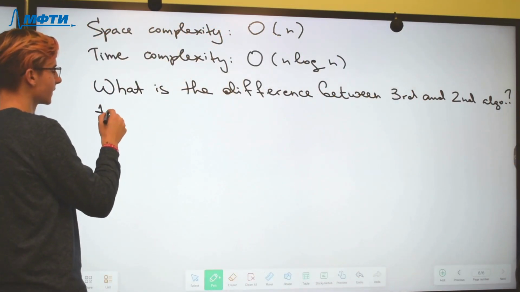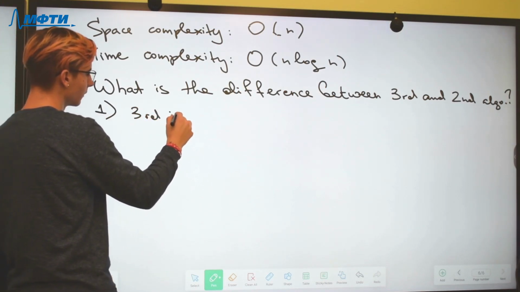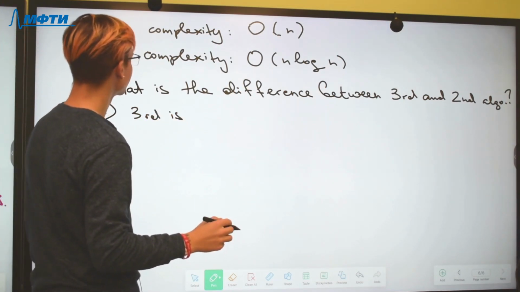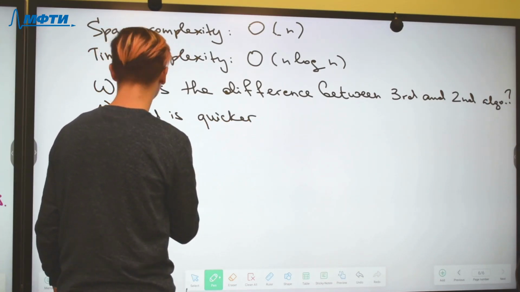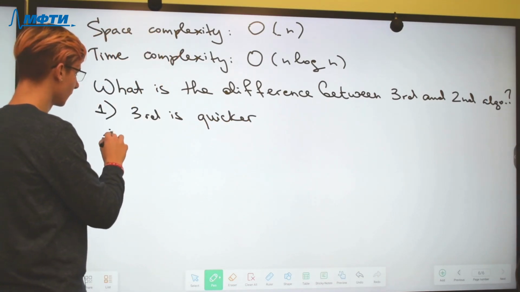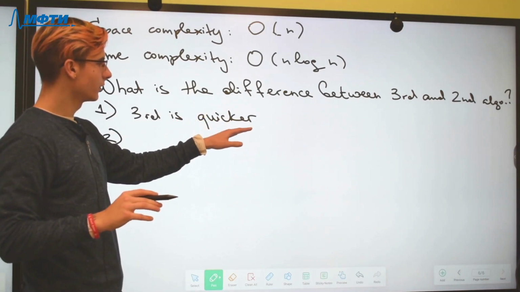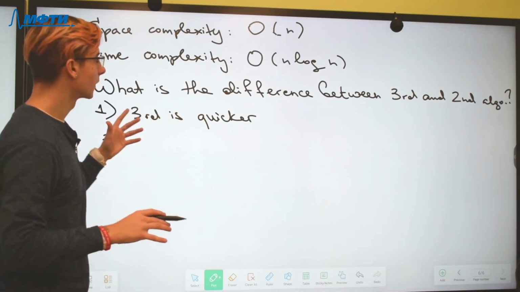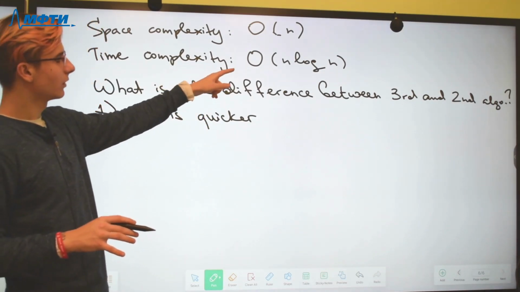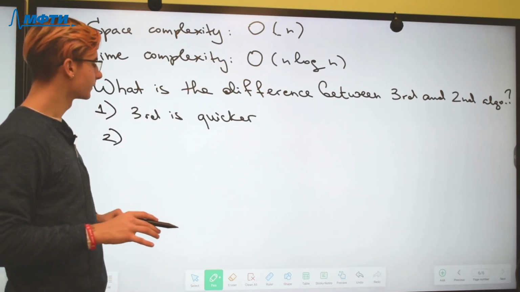Firstly, we see that the third is quicker. So it is the improvement of the third algorithm that we got a better asymptotic time.